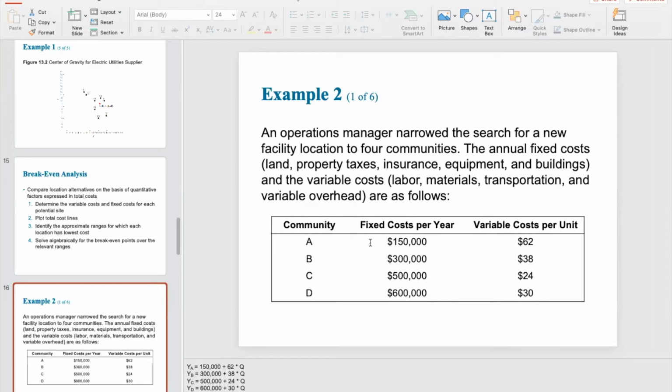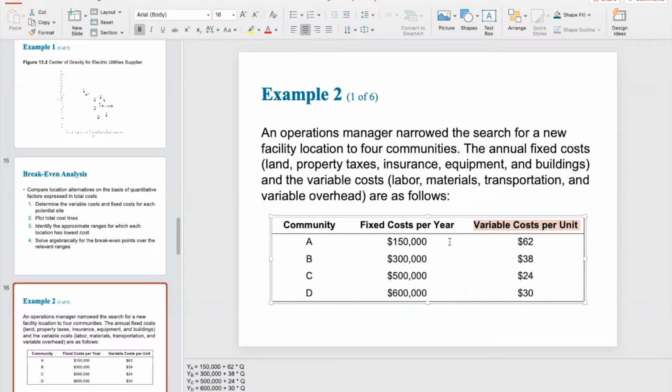Very simple: you use 150,000 plus 62 times 1,000 units, because the variable cost per unit is 62, and since you produce 1,000 units, the total variable cost will be 62 times 1,000.